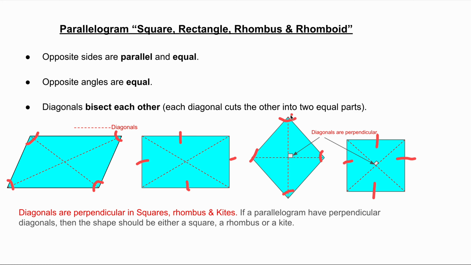Here we can see different types of quadrilaterals. As you can see, all of them have four sides. Even if the diagonals don't form 90 degrees, they bisect each other, meaning that when this diagonal, for example, bisects this one, it creates in the other diagonal two segments that have the same length.